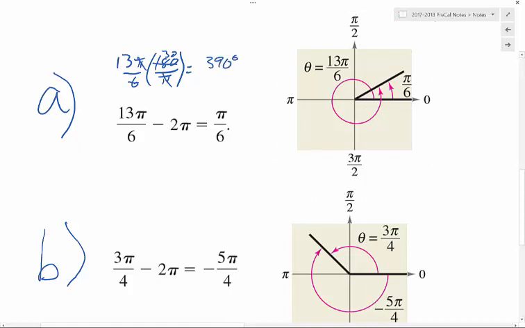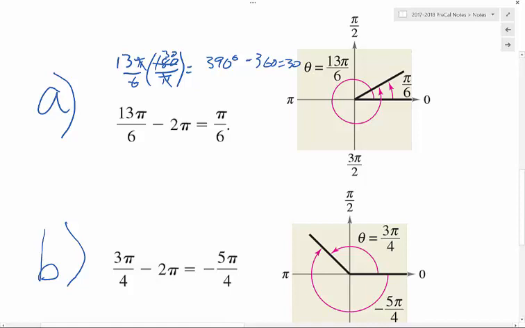So what a coterminal angle says is, all right, I've given you some angle greater than 360 degrees. Now subtract away from it as many 360 degree increments as you need so you get an angle that is less than 360 degrees. So in this case, 390 degrees, when I subtract 360, I get 30.